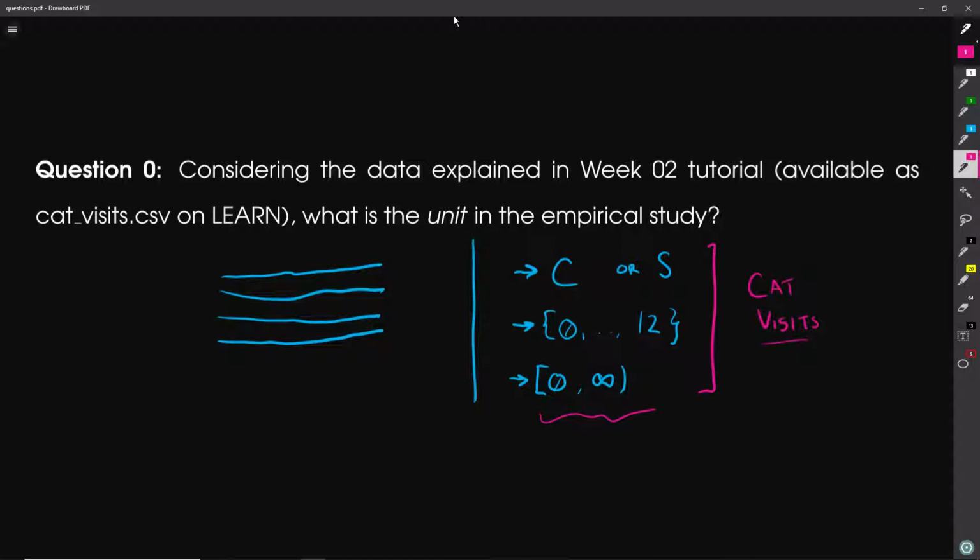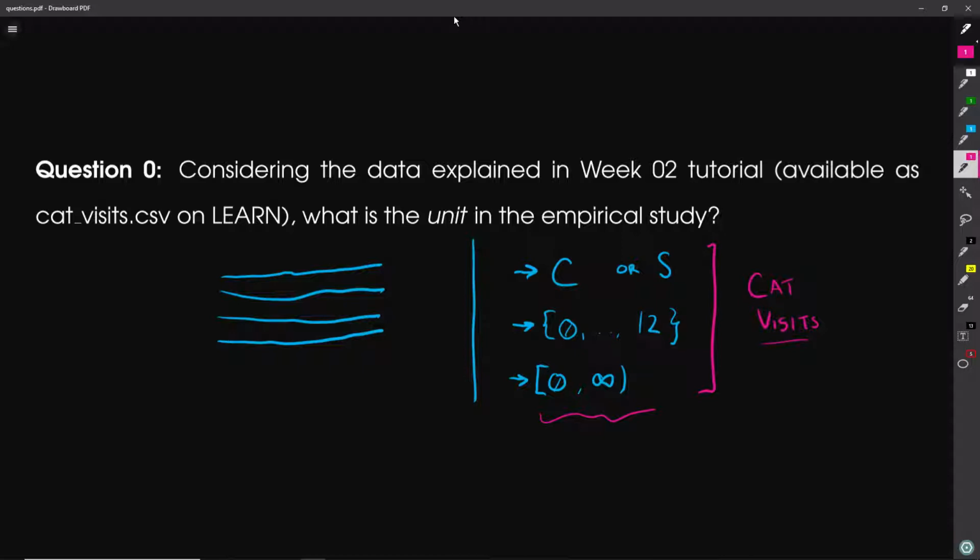And one way to tell that this was an observational study, which was a question that we asked last time, is to think about the fact that the population of possible cat visits is infinite, right? So there's an infinite number of ways that either Charles or Sadie could come on my desk when it had been between 0 and 12 hours since they last fed, and they could stay for any possible length of time.